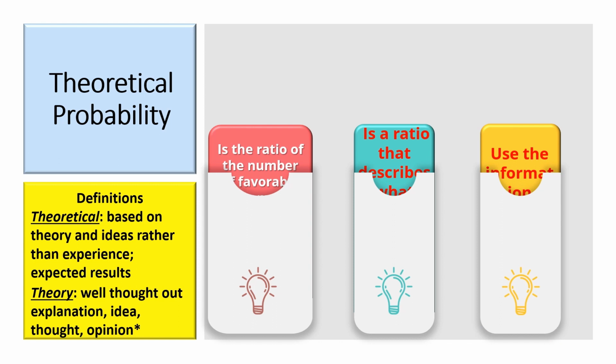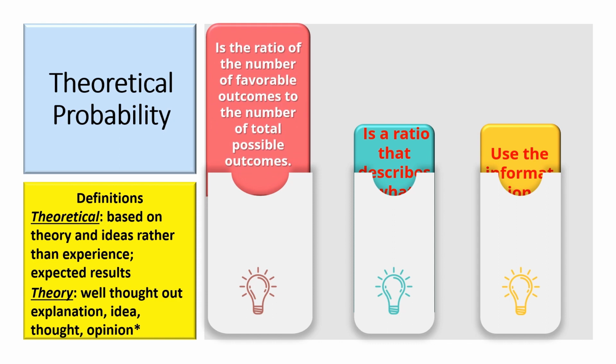But for more information, I'm going to share some more details with you about what it is. Theoretical probability is the ratio of the number of favorable outcomes to the number of total possible outcomes. And if you remember ratios, it's just a fraction, one number over another.